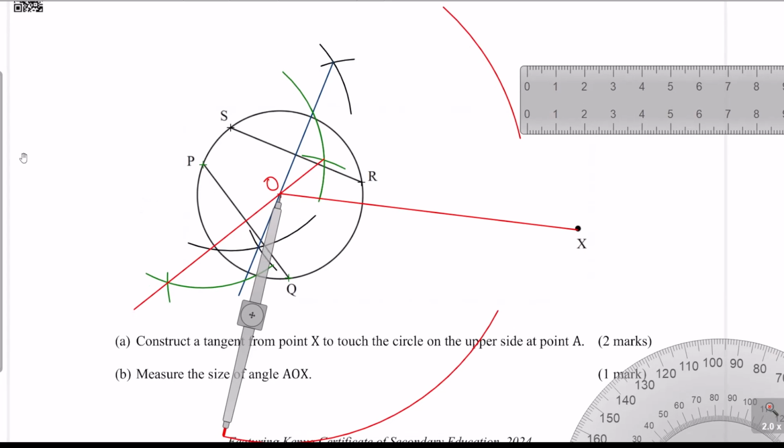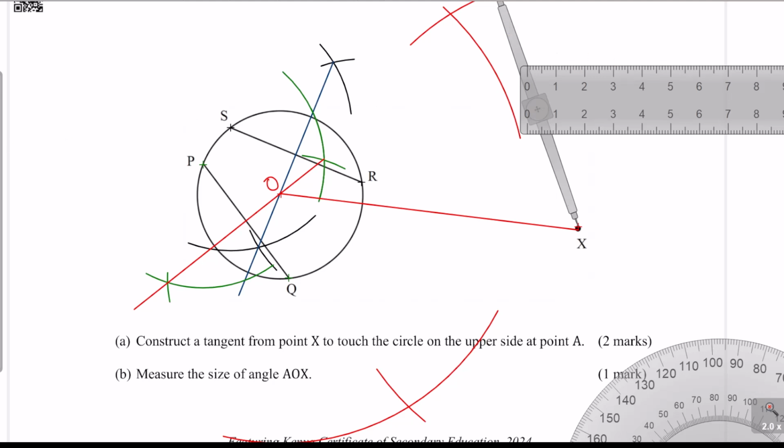Then you stand at X, then cut this arc, cut that arc, then also cut this arc here, cut that arc.